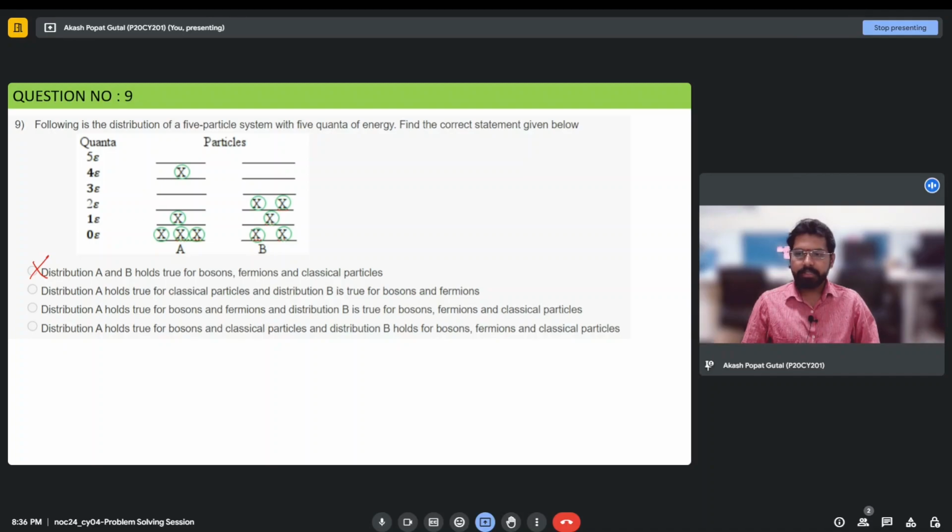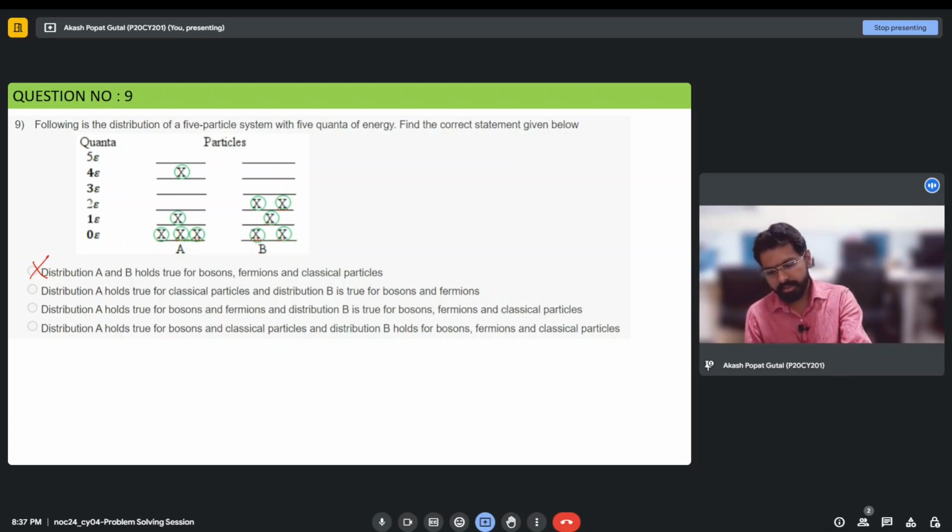The next statement is: distribution A holds true for bosons and fermions, and distribution B is true for bosons, fermions, and classical particles. If you see, distribution A holding true for bosons and fermions is wrong because fermions can't have more than two particles in one level.